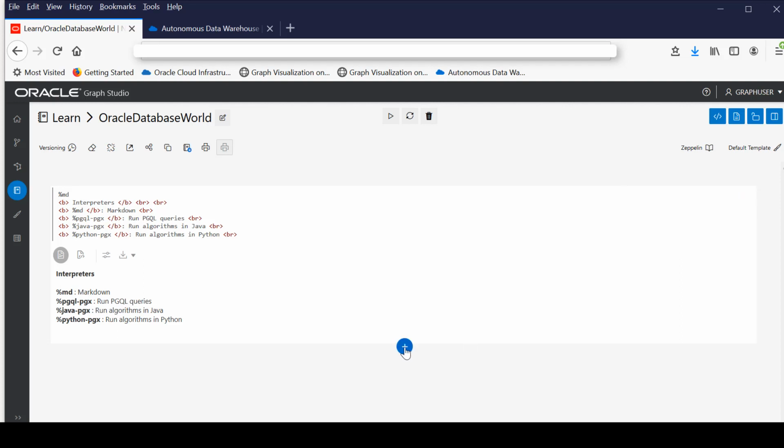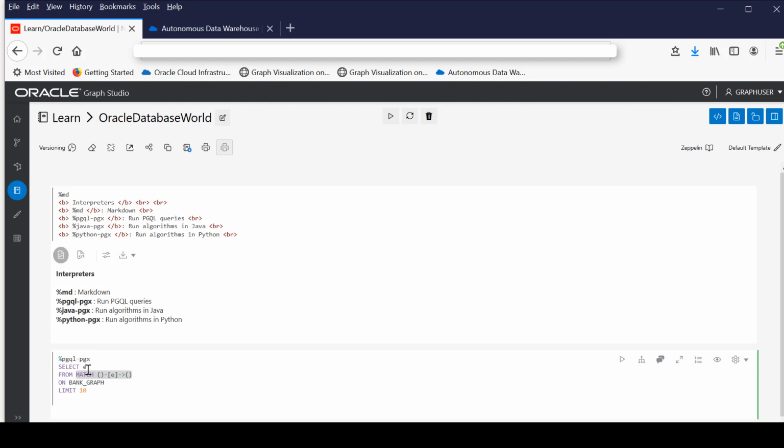Let me start by running a simple query here. I mentioned that the property graph query language is a SQL-like language. By that I mean it has a select clause, a from clause, and a where clause, which you'll see an example of shortly. In addition, it has the ability to specify a graph pattern in the match clause. That's what makes it a graph query language.